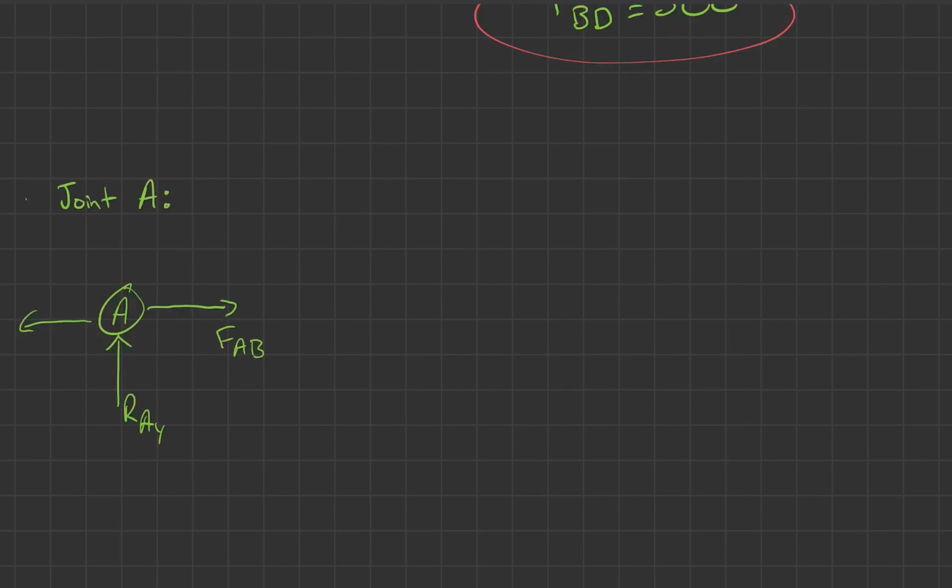It had RAX going in the negative x direction. And then it's got force AD here going in the downward and leftward direction.